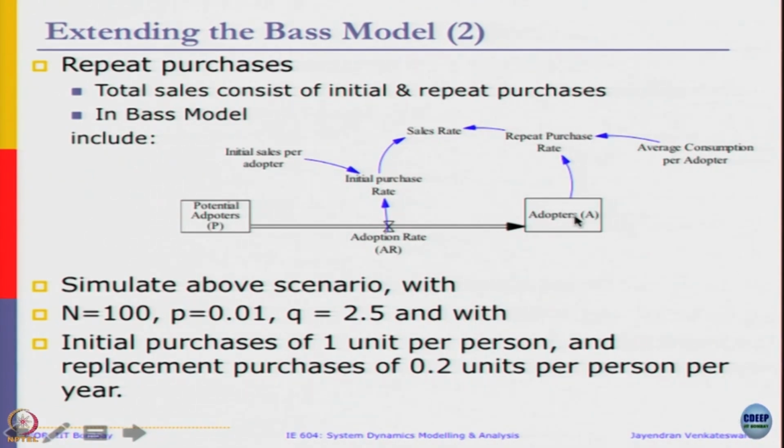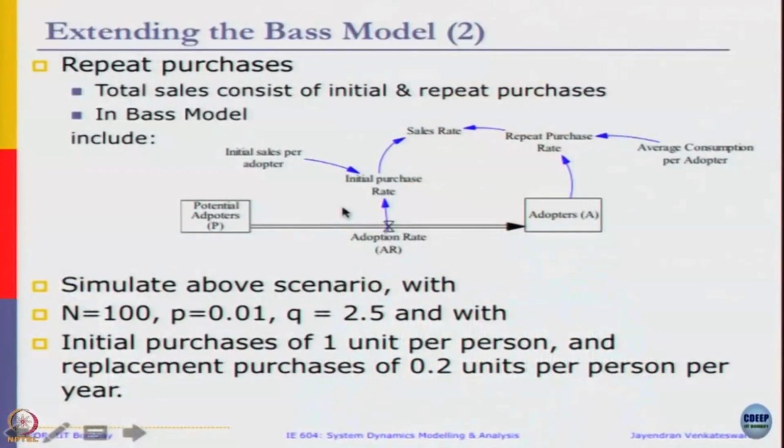Now, for repeat purchases, I can simply add a variable called repeat purchase rate, and we can come up with an average consumption per adopter. Suppose they repeat it, how often or in what quantity, and I can add it to the sales rate. So my effective sales rate is the sum of repeat purchases as well as initial purchases.